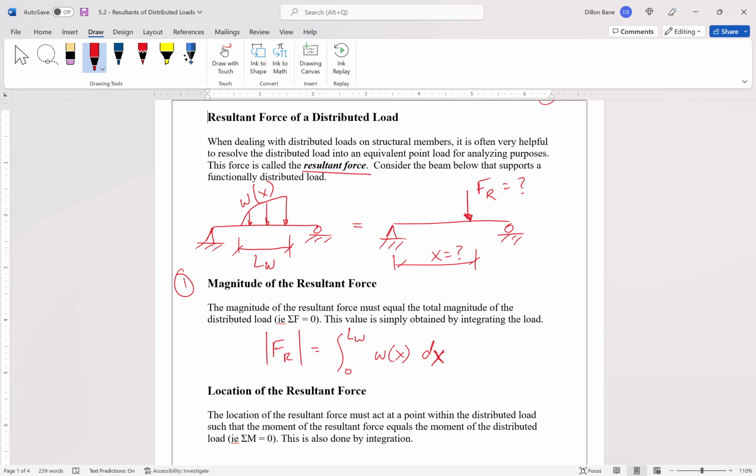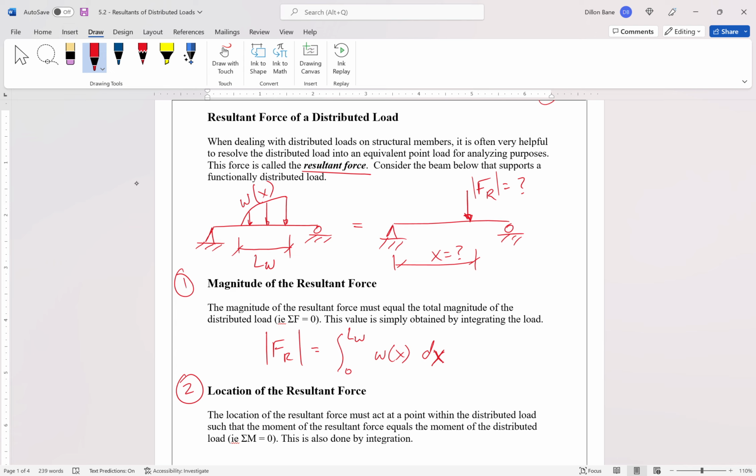The second thing that we need to do is figure out the location of this resultant force. Looking back at this little picture that we drew, this W of x has got some length of LW. The magnitude of our resultant force, FR, comes from just integrating the load itself. Just finding the area under the curve tells us how many pounds or how many newtons that load is in total.